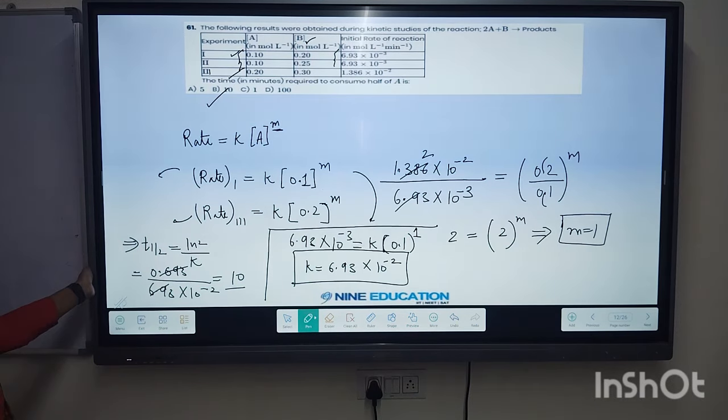So when it comes to this 61st question, generally this particular topic is discussed in the very initial classes of chemical kinetics.